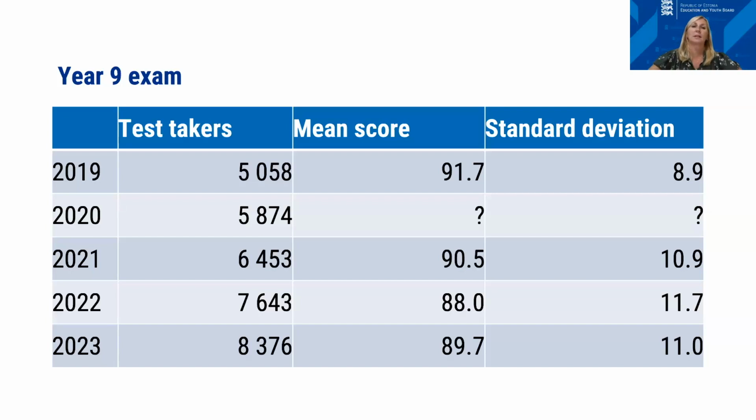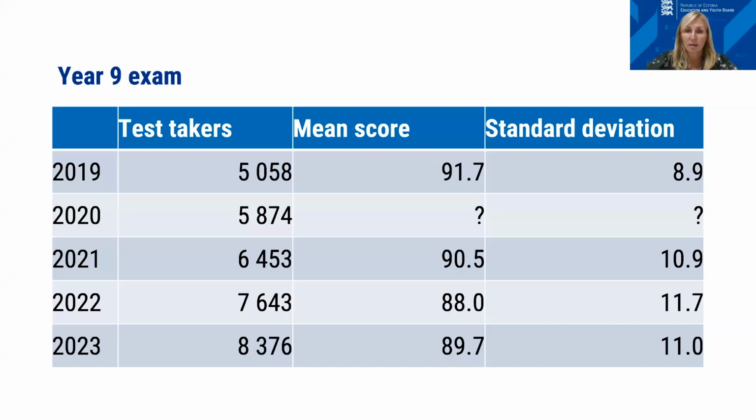And as you know, it is an elective exam, which means that it is not compulsory for students to take it. But 55% of all Year 9 students chose English, which makes it the most popular elective exam.